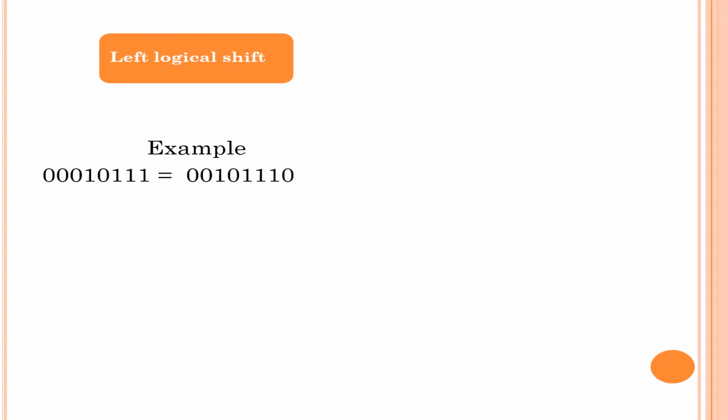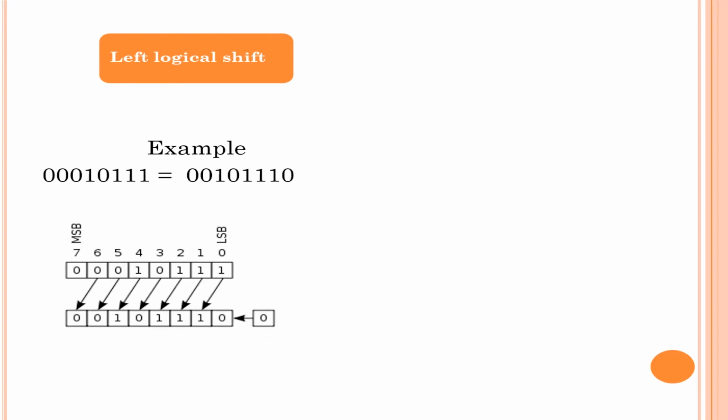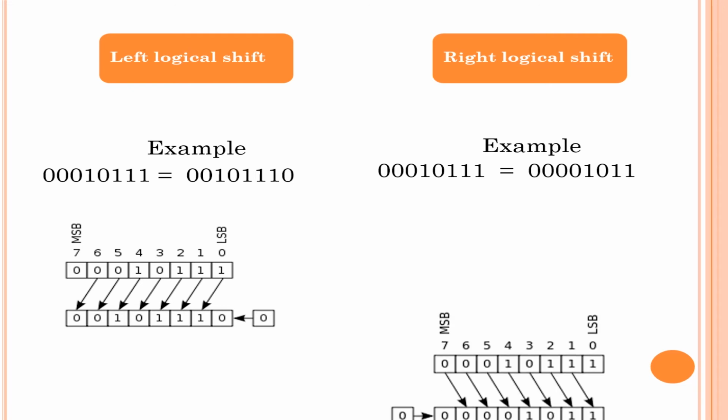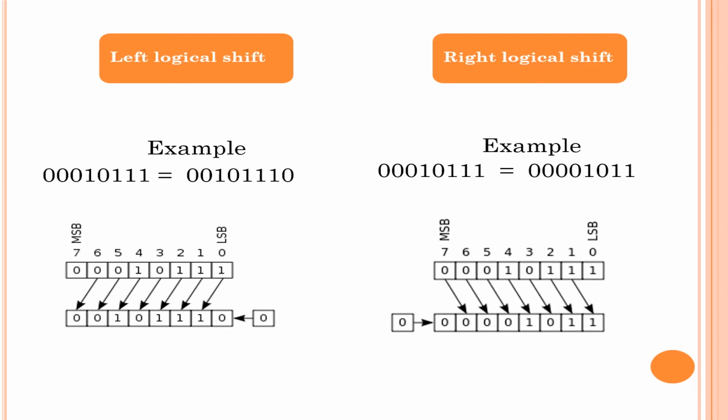Before moving towards the left shift, let's first discuss LSB and MSB. As shown here, the rightmost bit of a number is called the least significant bit and the leftmost bit of a number is called the MSB. Now the question arises, why are these named LSB and MSB? To understand this, let's take an example.